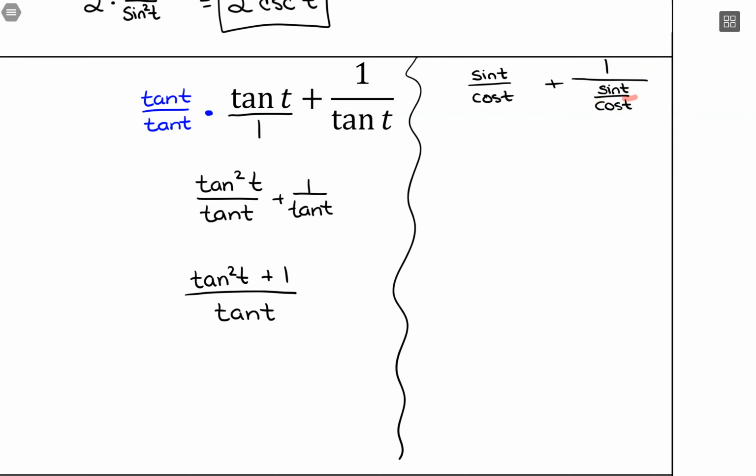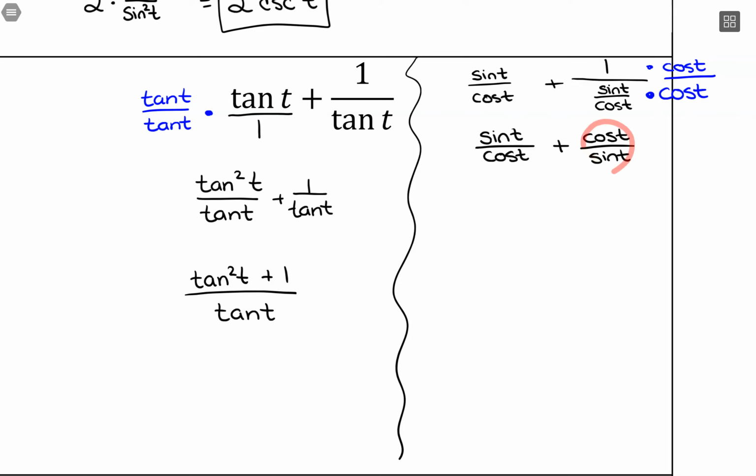So what I can see is I have this denominator of cosine of t, and I want to clear that out. So I'm going to multiply that denominator by cosine of t. However, whatever I multiply this denominator by, I need to multiply the numerator by the same thing so that really it's just this version of 1. So what that's going to do is I'll have sine of t cosine of t plus cosine of t over sine of t.